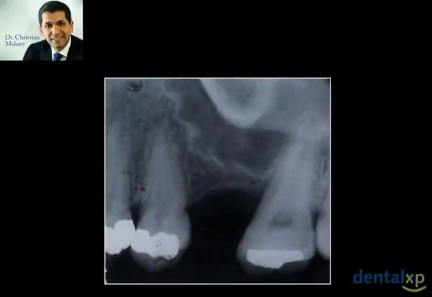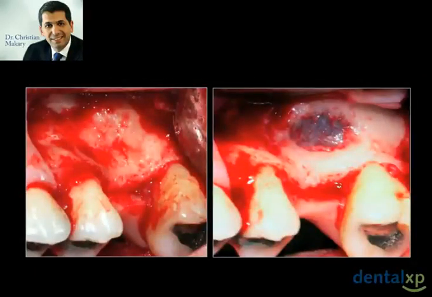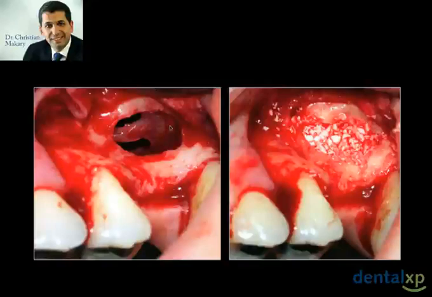If you look at this particular case, we have a sinus that is multilobular, and this is a risk factor whenever we elevate a membrane, because it will be very difficult to dissect it all over this special anatomy. So this is the case. We access the membrane, and when doing the elevation, effectively we have a perforation.